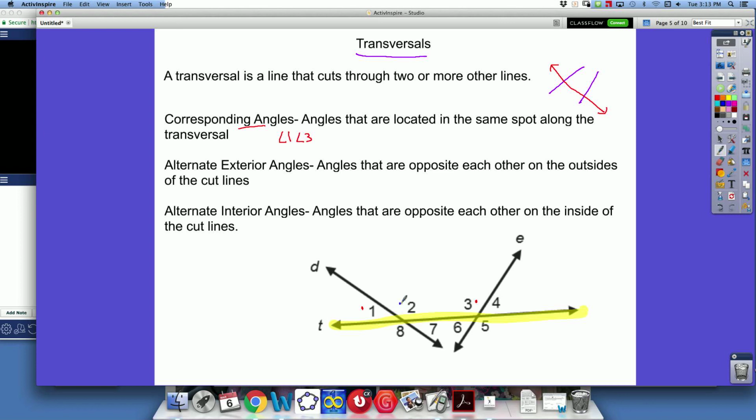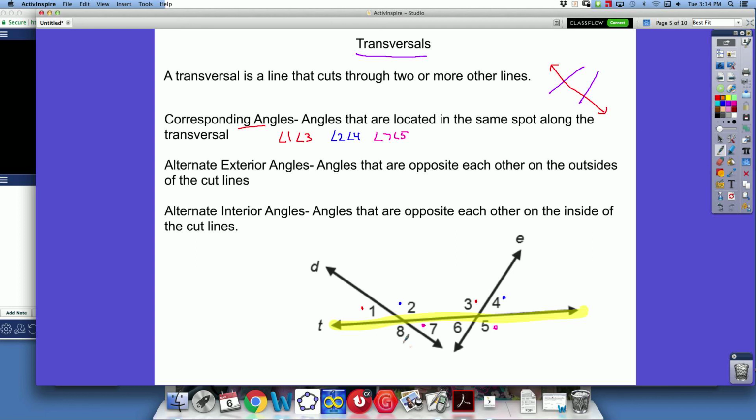Angle 2 is on the top right of the transversal, so the corresponding angle on the top right over here would be angle 4. So angle 2 and angle 4. Then I have angle 7, which is on the bottom right of the transversal. So that means angle 5 is also on the bottom right, so they also are corresponding angles.